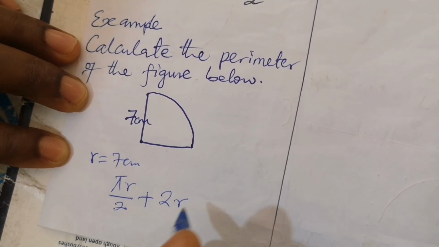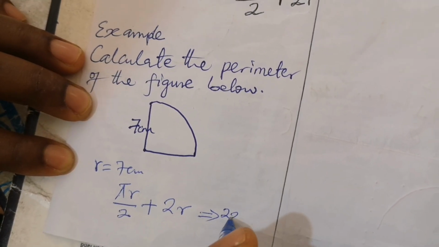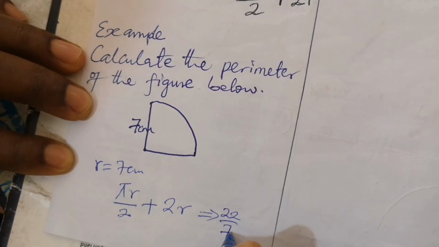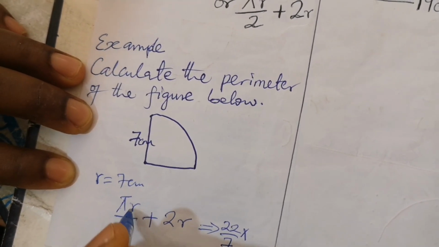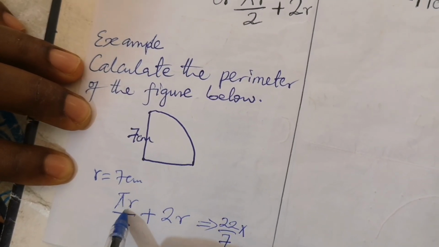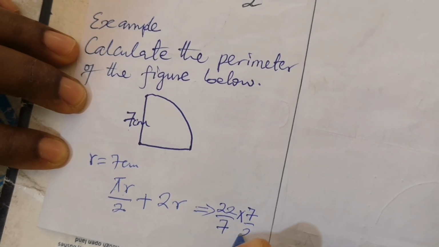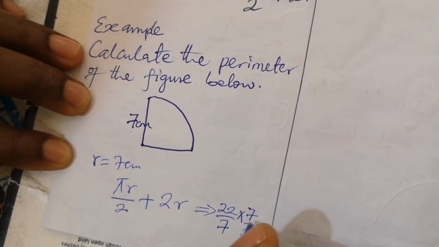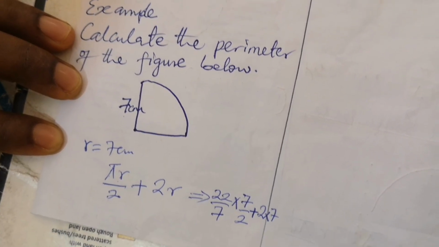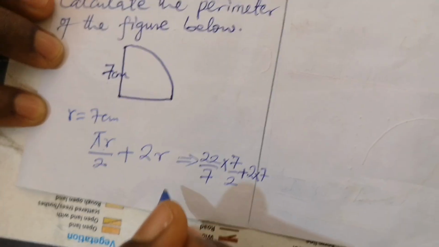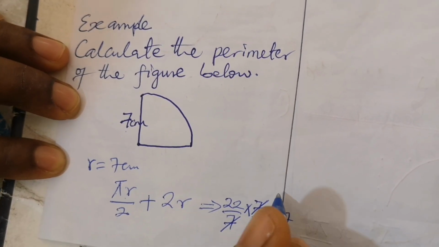Now if I substitute, pi stands for what? 22 all over 7. Then times r. From this problem, r is what? 7. So I will say 7 all over 2. Then plus 2 times 7. So if I do that, I can cancel 7 here, cancel 7 here, so that 7 will go.